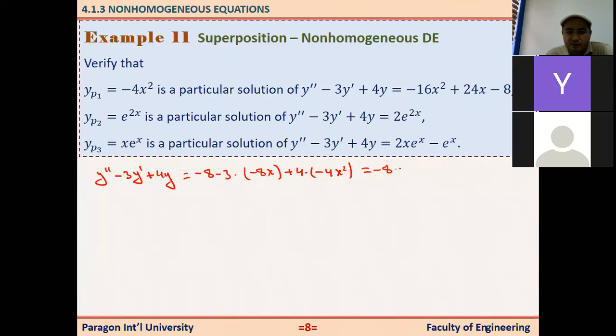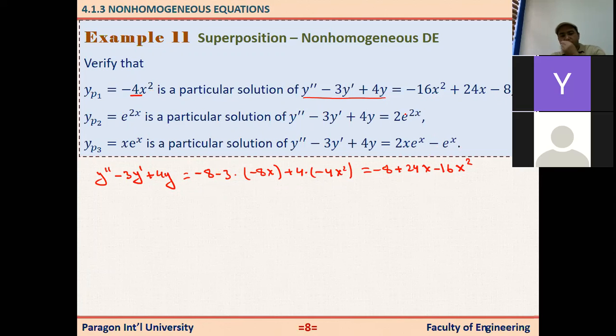Here we have plus 24x and minus 16x squared. The same thing, minus 16x squared, 24x minus 8. That means that this thing is one particular solution of this equation.